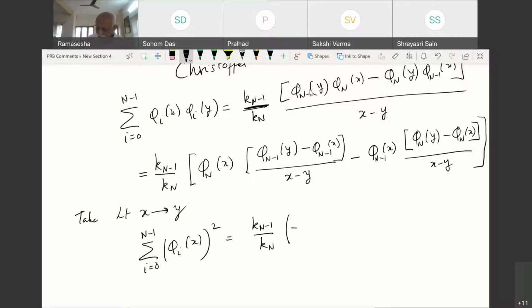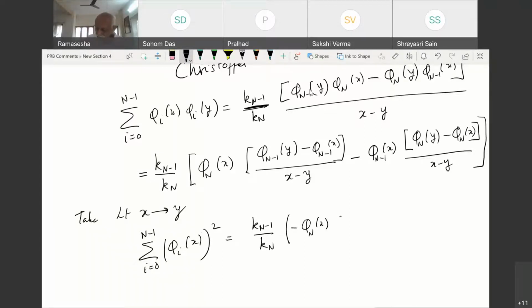What is the basic calculus definition of a derivative? f of x plus delta x minus f of x divided by delta x, isn't it? Take x plus delta x to be y and x itself. So what you will get is a derivative.